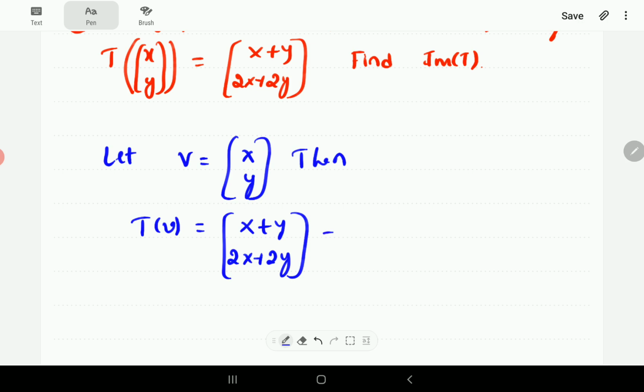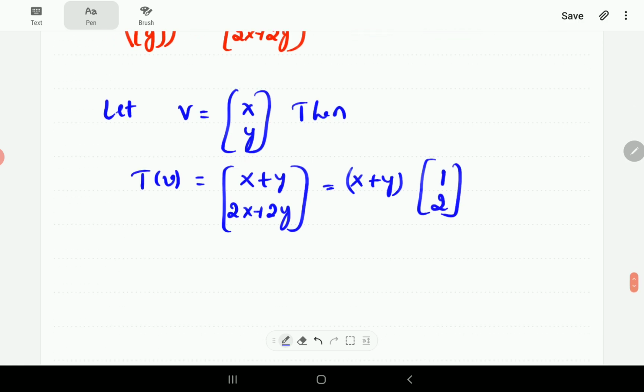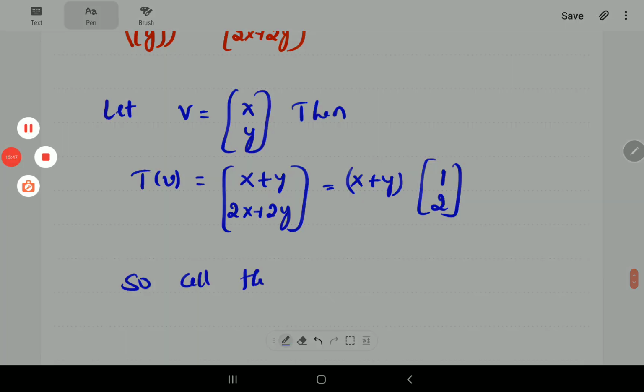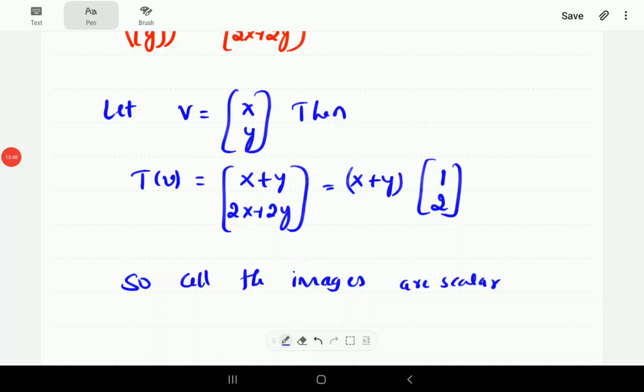So this is equal to, what I can do here, I can take x plus y common from both sides. Then it is (1, 2). So all the images are scalar multiples of (1, 2).